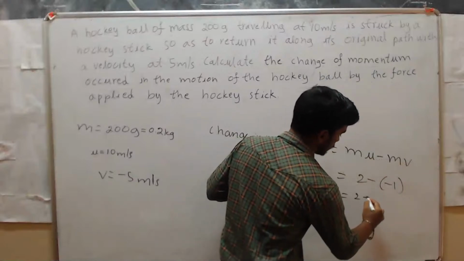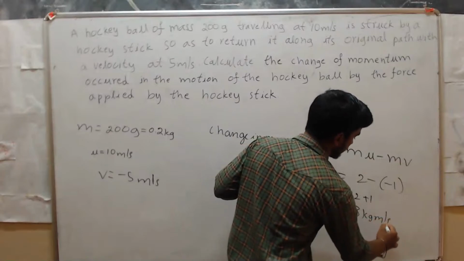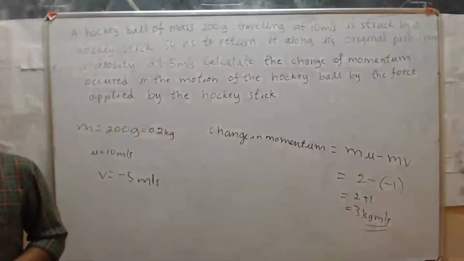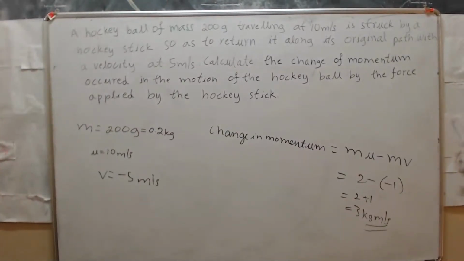So we get 2 plus 1, that is 3 kg meter per second. Okay, so this is the change in momentum. It's not minus 3 kg meter per second, it's 3 kg meter per second. Okay, yes, next one.